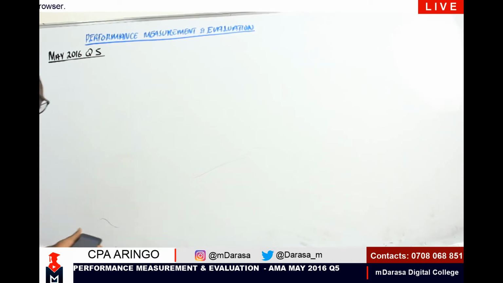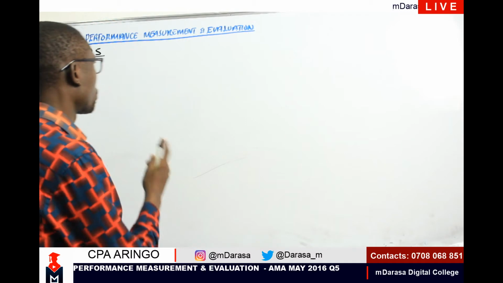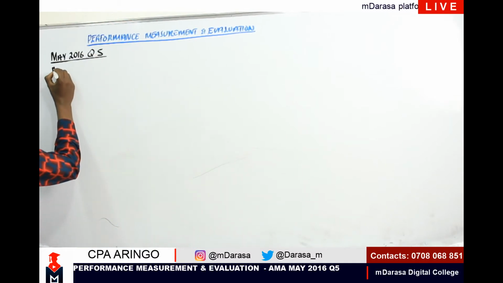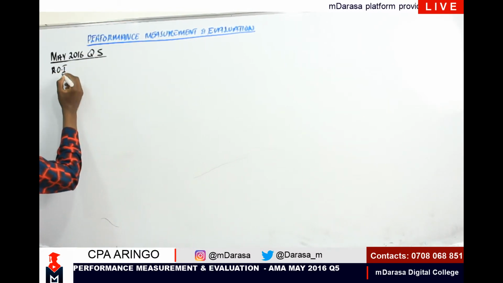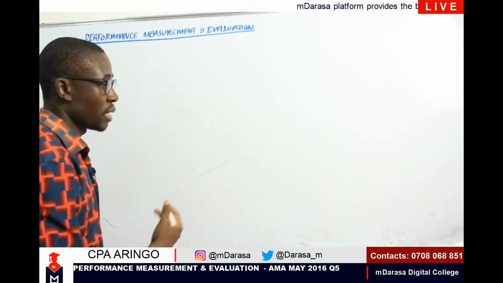So maybe just doing a quick recap on what you did when you are talking of return on investment, my good students. Because the examiner wants us to determine return on investment and also the concept to do with residual income. So when you are asked what is return on investment, what will you say?